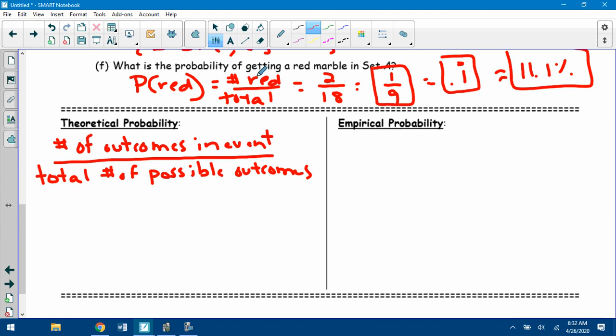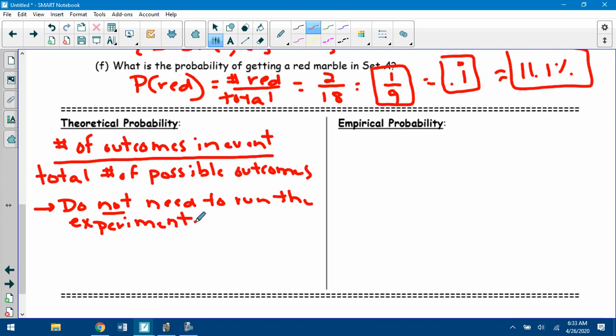We didn't actually pick marbles out of this bag and count. We just thought how many I could get out of how many there were. That's theoretical. So things to remember with theoretical probabilities is you do not need to run the experiment. It's the long run probability in theory.